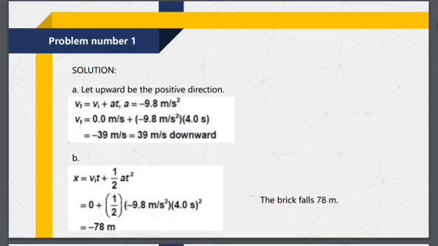Then we have to substitute the values, and we will get 0 plus 1/2 multiplied by negative 9.8 meters per second squared multiplied by 4 seconds squared, and it will equal negative 78 meters. So it's safe to say that the brick falls 78 meters.